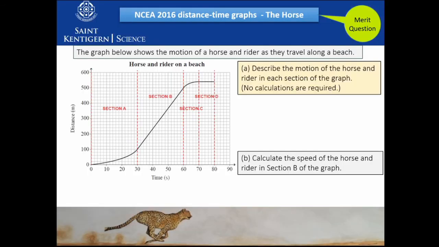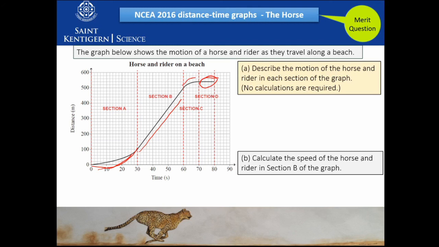Now this was in 2016, a distance time graph again. The graph below shows the motion of a horse. We've done this now many times. Describe the motion of the horse in section A. It's curving upwards. If it's curving upwards, that is acceleration. This is constant speed. This is deceleration, and if the distance doesn't change, it is stopped.